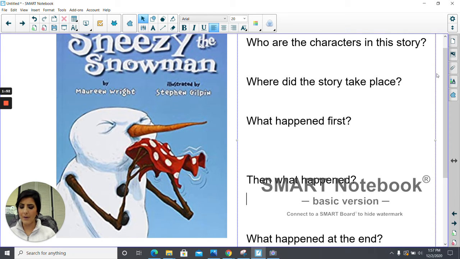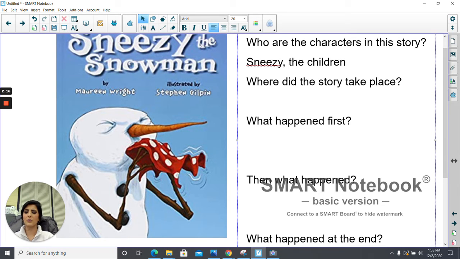I want you to think about who are the characters in the story. In our story, Sneezy the Snowman, our characters would be Sneezy, and then they don't name the children, but they say throughout the story often the children and the things that they did, and they're in the story quite a bit. So I would say Sneezy and the children are the characters in our story.